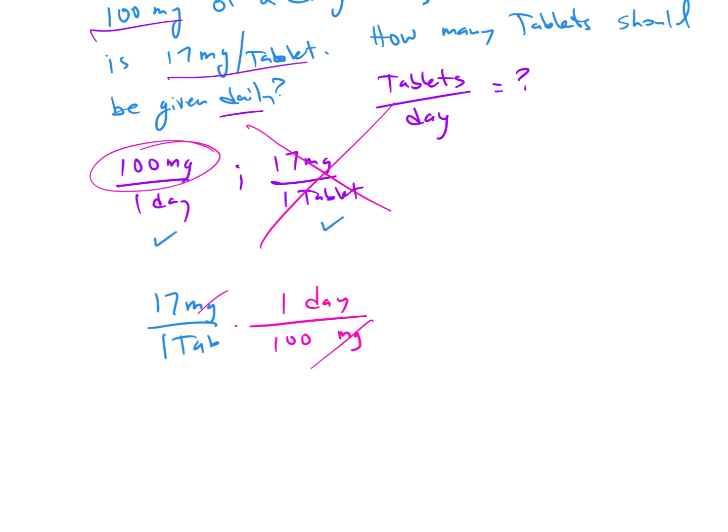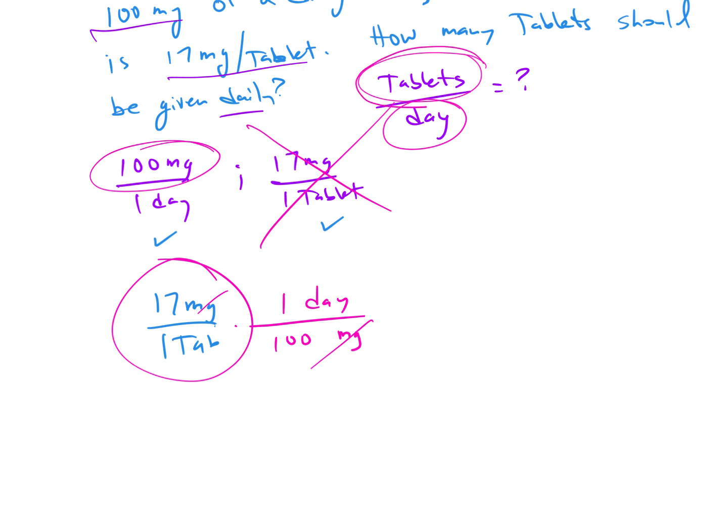Do I want days in my answer? No. Do I want tablets in my answer? Yes. But you can't cross. What's wrong with that? It's flip-flopped. I could start with that, but always think about what I'm looking for.